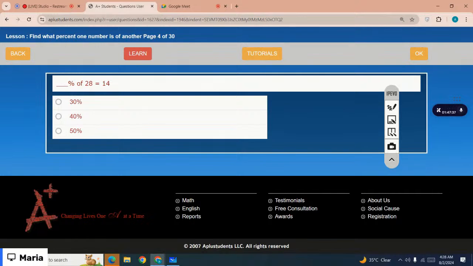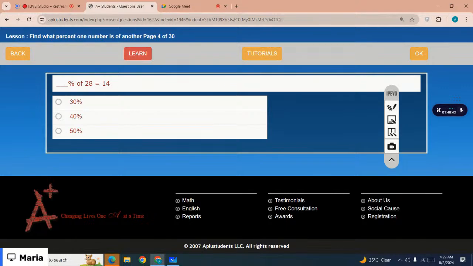Okay, what percent of 28 equals 14? That is 50%, right?